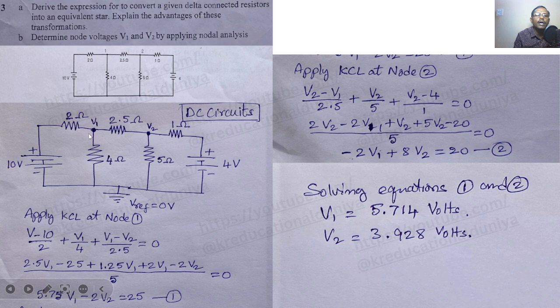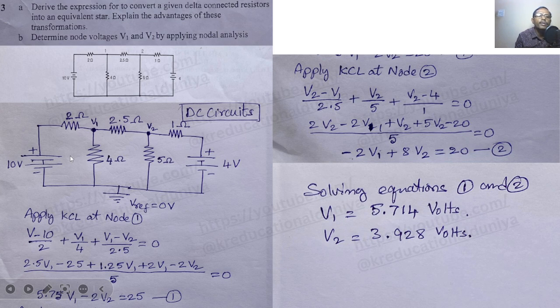First we find the I1 value. I don't know I1, so I am writing it in terms of V by R. So V1, as the current is flowing in reverse, V1 minus 10 by 2.